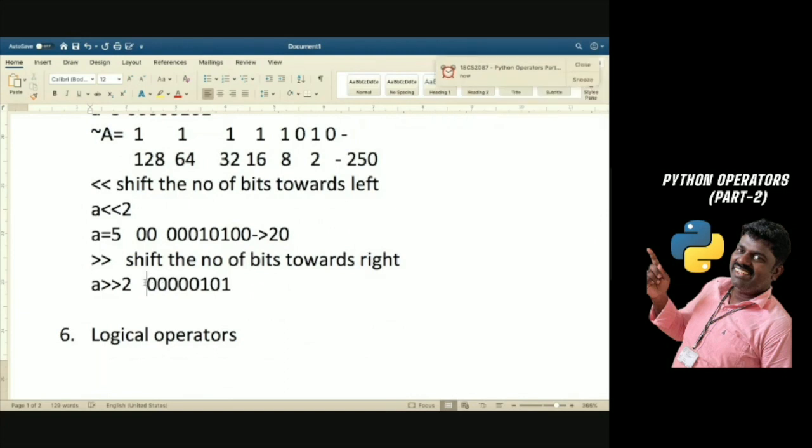And then I am going for right shift 2 times. So that time this part will be removed, and then in the beginning 2 zeros will be added. Got my point? So what is the corresponding value of this? It is 1. Got my point? It is 1, right? So whether we are getting this or not, we will check.